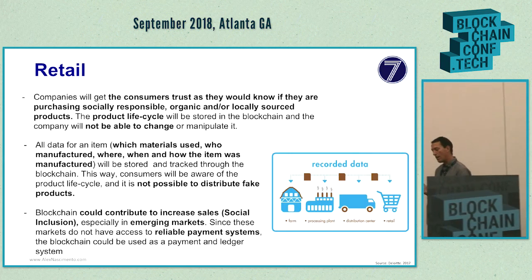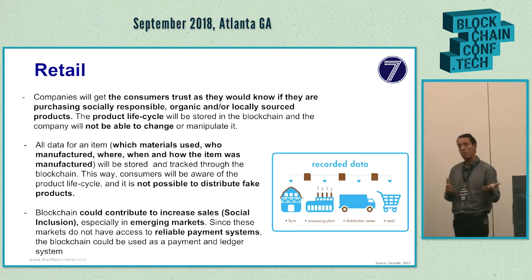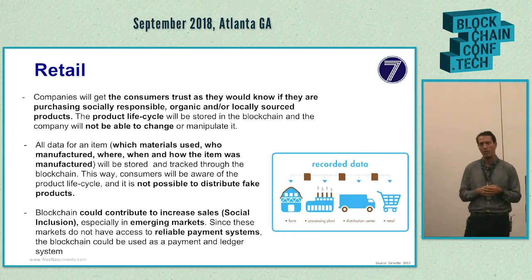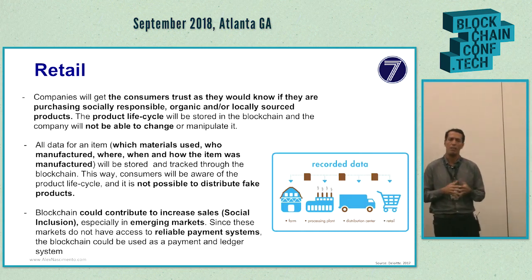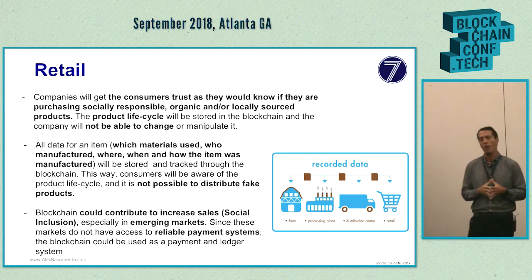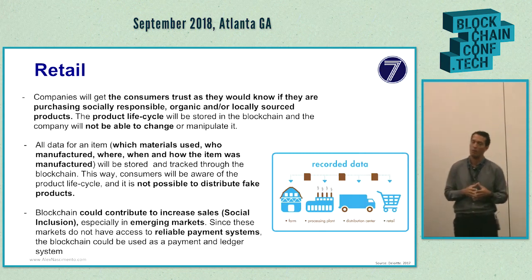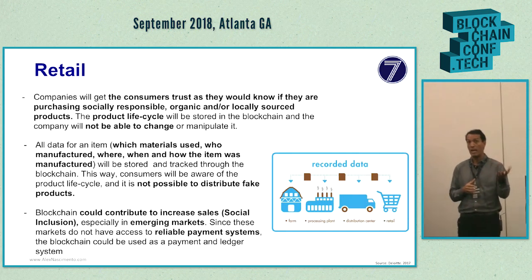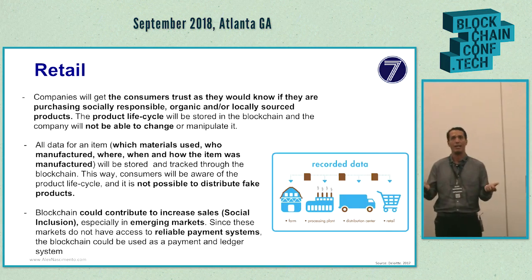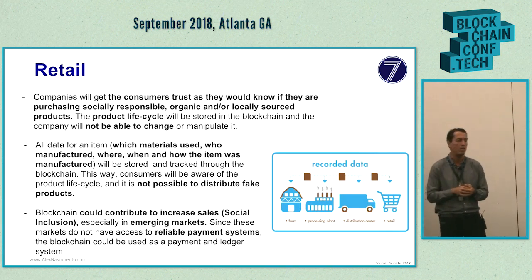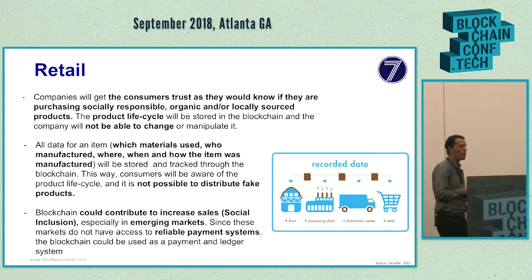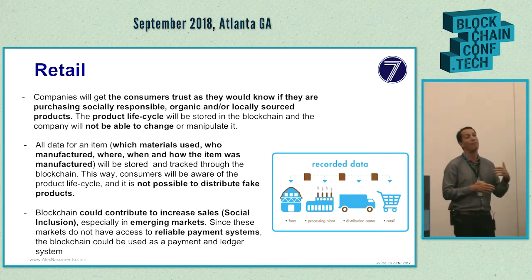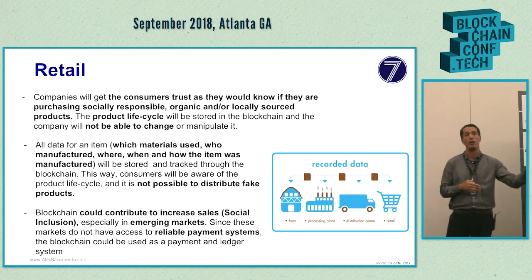You could also think about retail having more people and social inclusion in areas of emerging markets. If you think about places like Africa or Latin America or remote areas where people don't have access to banks and therefore can't go to a shop and swipe a credit card, with the blockchain and smart contracts you're going to see people using wallets and not necessarily having to travel to a bank to open an account.